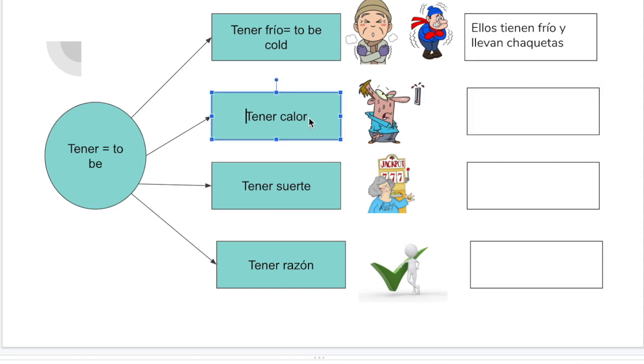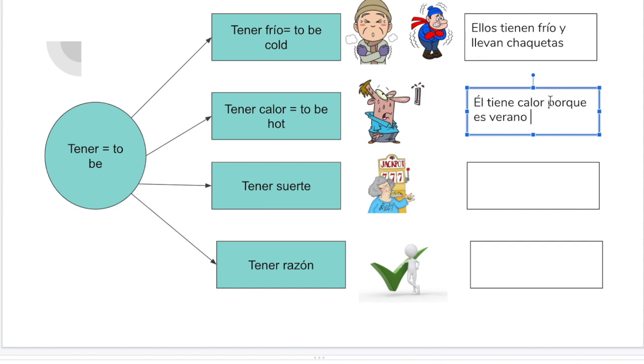Tener calor. So tener calor is to be hot. So let's take a look on this picture and I'm going to write an example. Él tiene calor porque es verano.